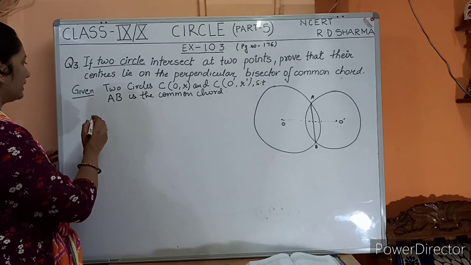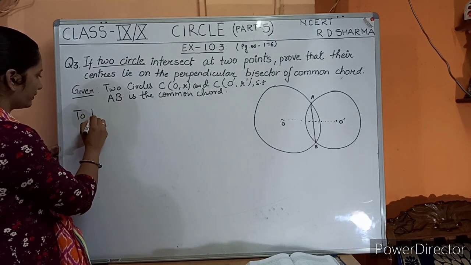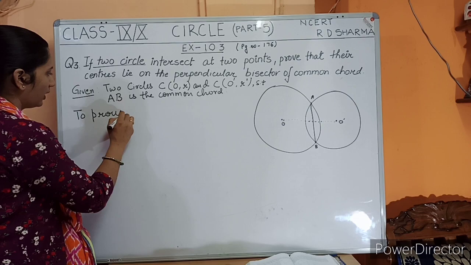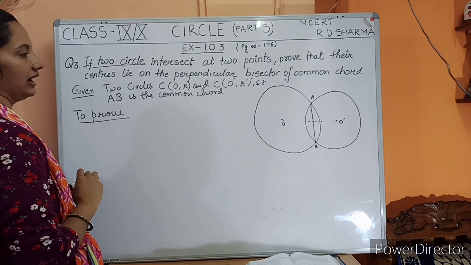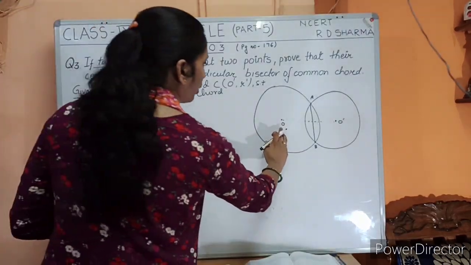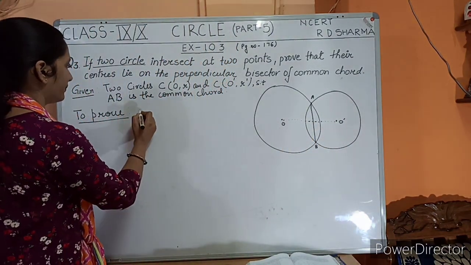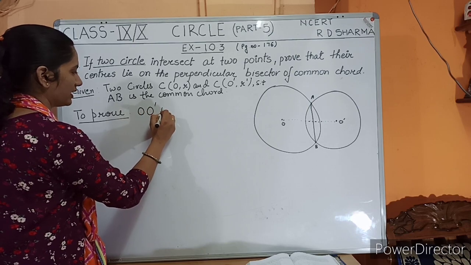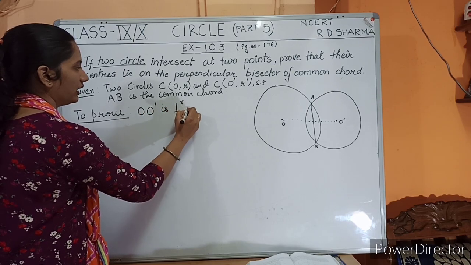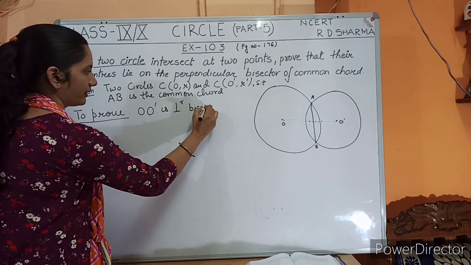Okay. Now let us see what we need to prove. We need to prove that O O dash is the perpendicular bisector of the line AB.